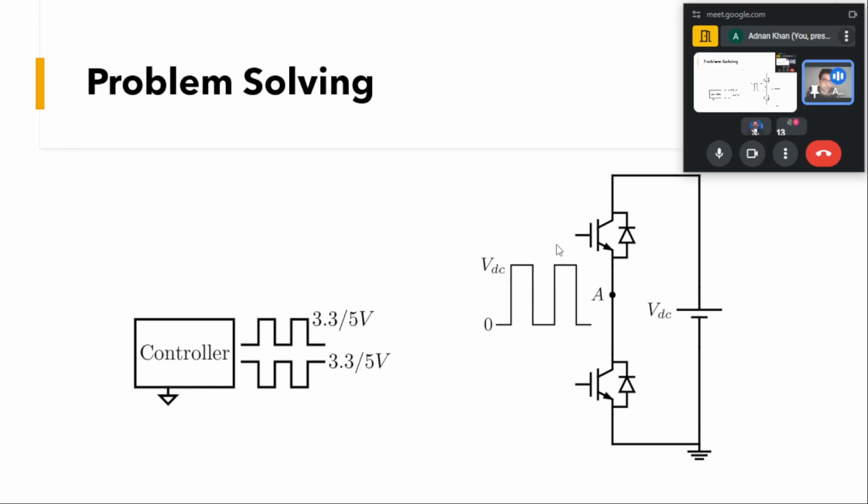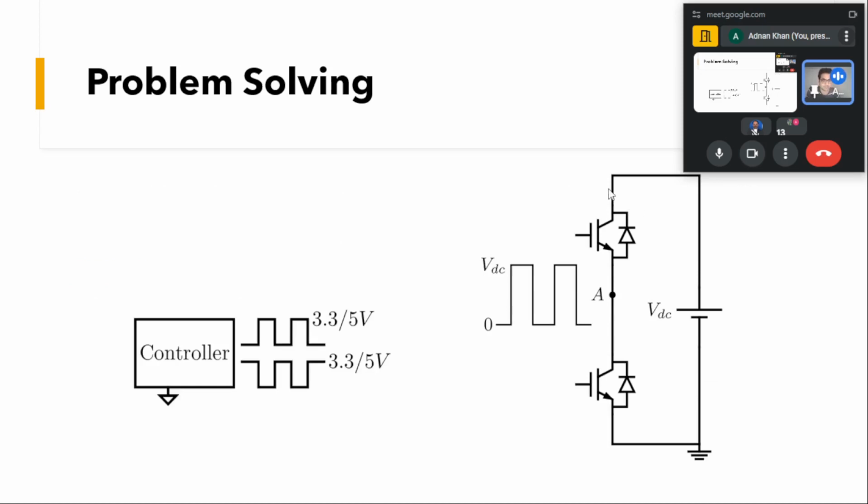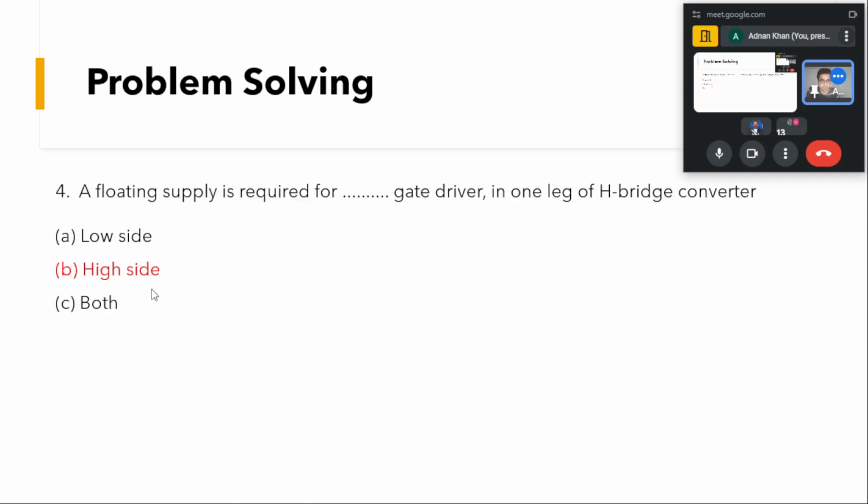So in order to have this, the floating volt supply is required for the high side switch, as has been discussed here. For this high side switch, we need to take into consideration this floating volt supply. I hope this is clear to everyone. If there is any doubt, you can ask. So a floating supply is required for the high side gate driver in one leg of an H bridge.